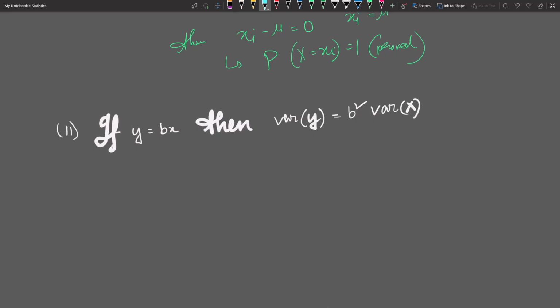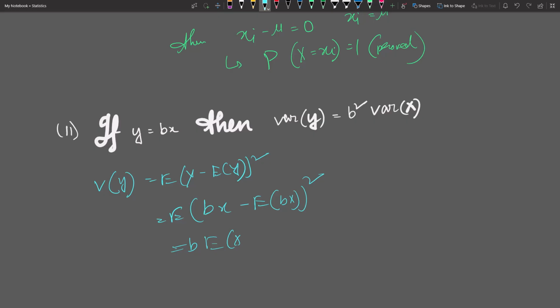So let V(y) is equal to E[(y minus E(y)) square], and then taking common, that will be b square.